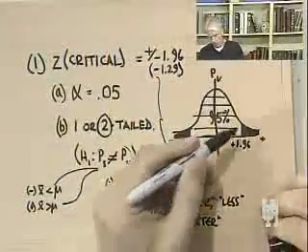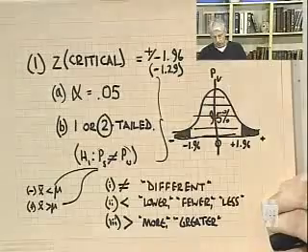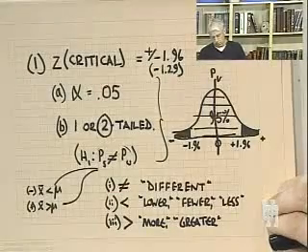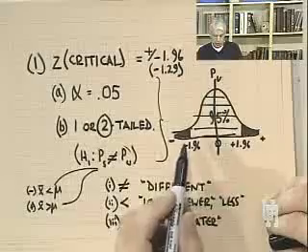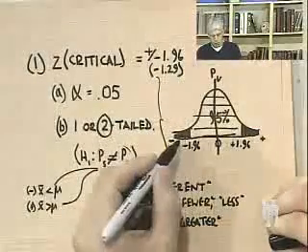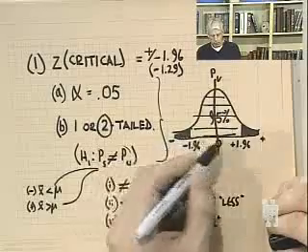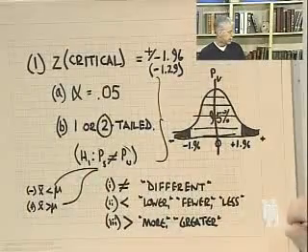The answer, of course, is that you fail to reject the null hypothesis. If we go back to my attempt to draw a sampling distribution of sample proportions, our decision rule was that in order to reject the null hypothesis, this observed z-score would need to be in one of these two critical regions. It would have to be a rare event.